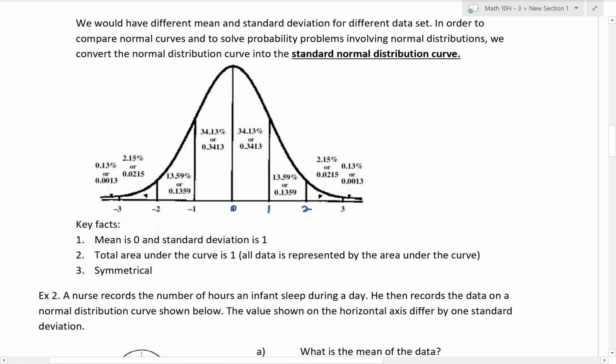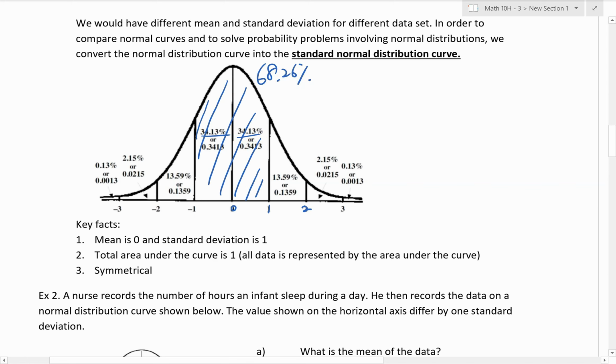So let's take a look. From 0 to 1, this is 1 standard deviation, and you can see this accounts for 34.13% of all the data. To the left, same thing, it's 34.13%. So when we talk about within 1 standard deviation, we're talking about to the right and to the left, the entire area right here. This accounts for 68.26%.